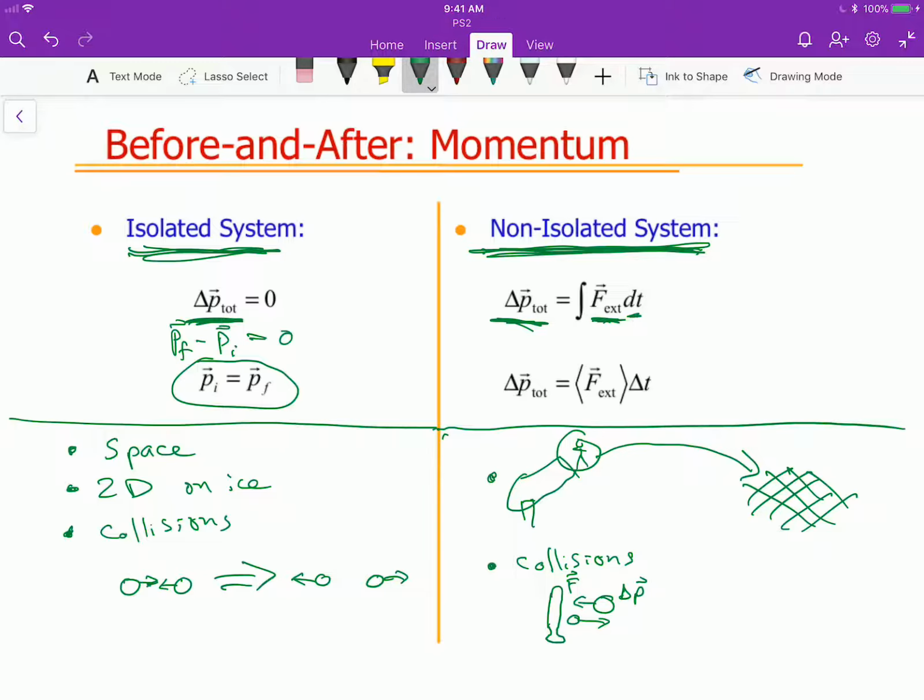There are situations where maybe we know the average net force on our object, our ball or person, or if the force is constant, we just put a constant force there, and that's how we find our impulse, or the change in momentum of the object.